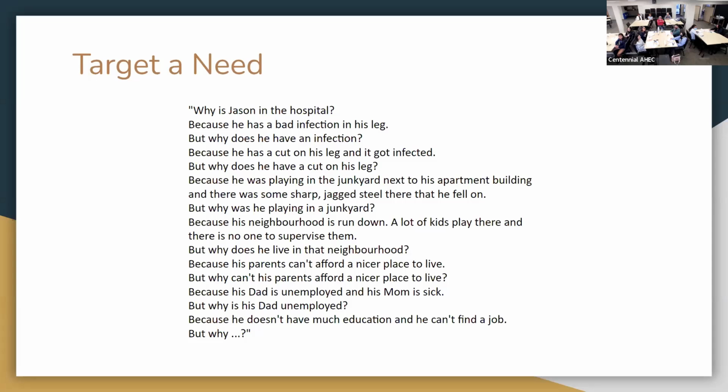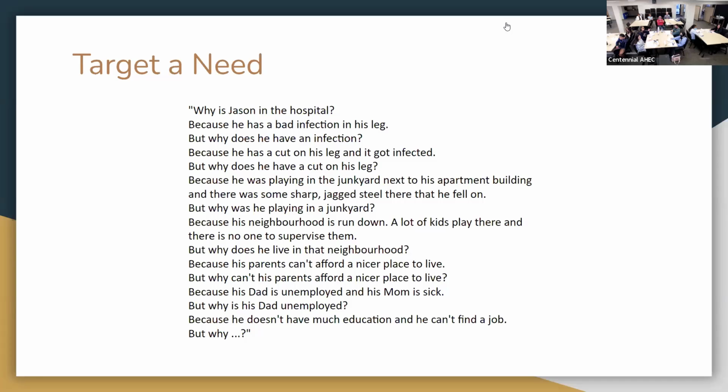So it says, why is Jason in the hospital? Because he has a bad infection in his leg. But why does he have an infection? Because he has a cut on his leg and it got infected. But why does he have a cut on his leg? Because he was playing in the junkyard next to his apartment building, and there was some sharp, jagged steel there that he fell on.